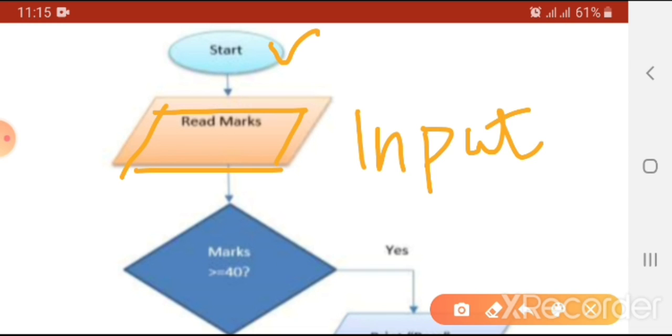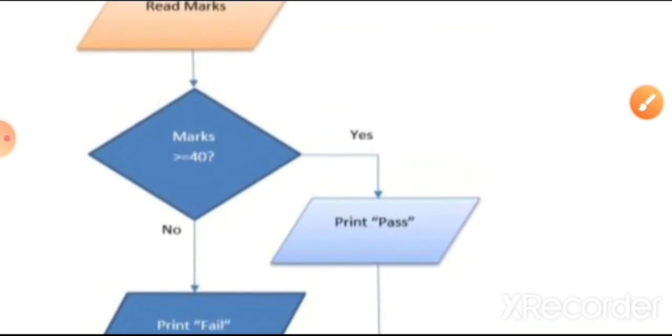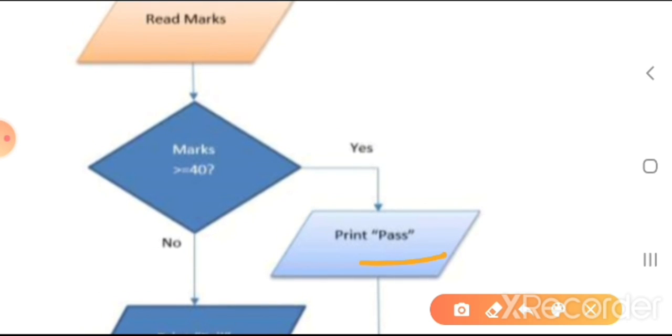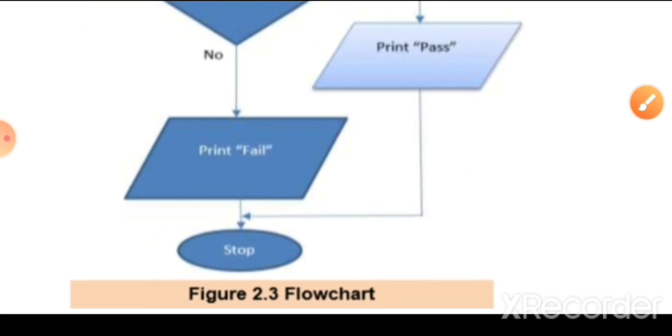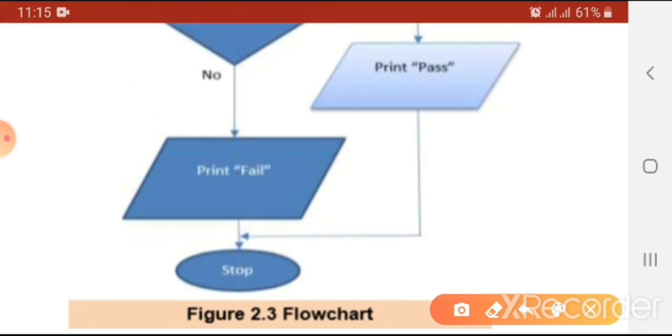Now we are checking over the marks. If marks are greater than or equal to 40, if yes, then print pass, if no, then print fail, and after checking both of these conditions it will stop.